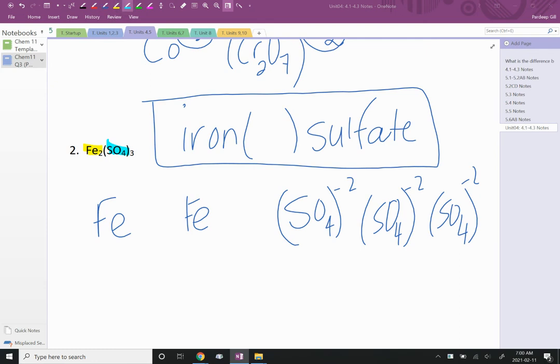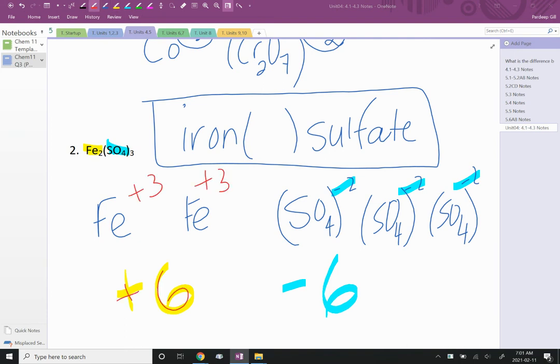So here we have a -2, -4, and -6 total charge on this side. So that means we need to have a total +6 on this side. So we have to split up that +6 amongst the 2 iron atoms. So each iron atom is going to assume a +3. Okay, so then it's going to be iron(III) sulfate.